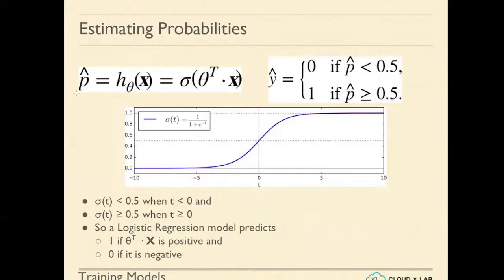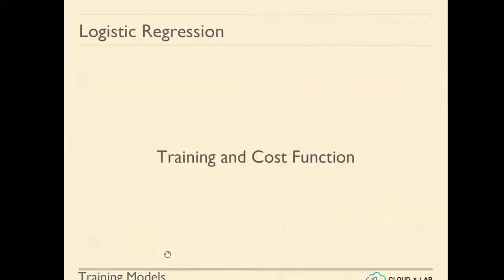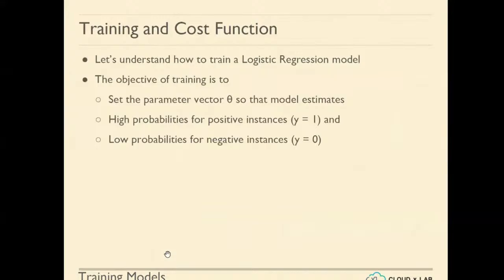So either we have a very high value or a very low value for p hat, which means high probability or low probability, the model is confident that its class is positive or negative. That's why I have written high probabilities and low probabilities here.